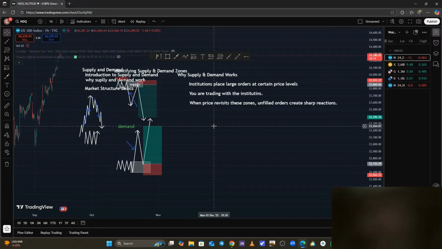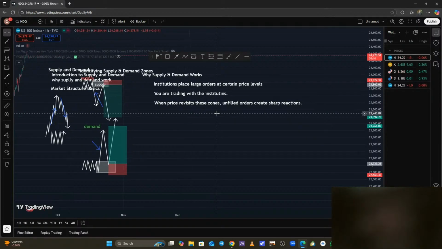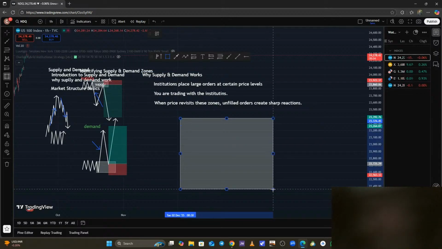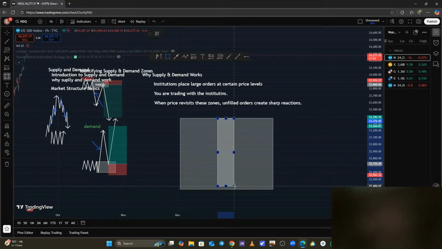in a slightly deeper way. So when you'll be trading, let me just draw something here so that I can use it for my explanation. We have the first block, then the second block.